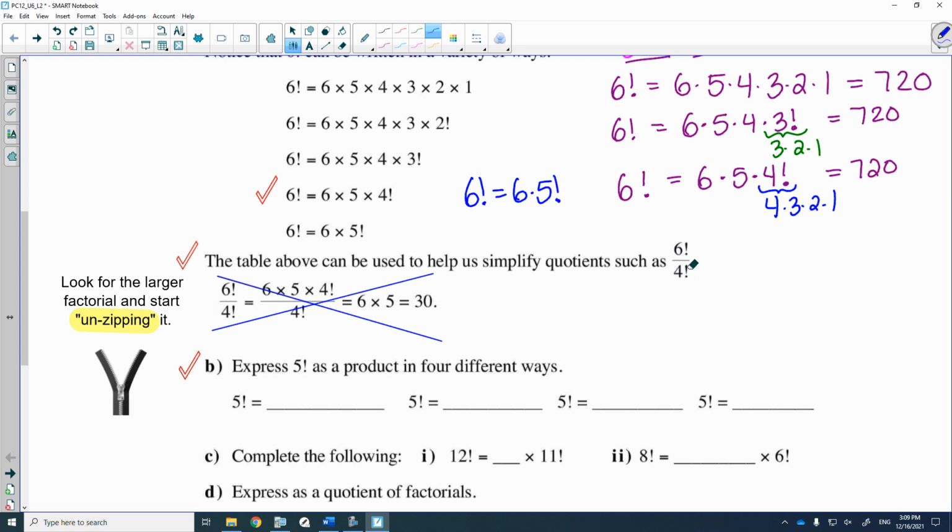So here's what I mean. 6 factorial could be written as 6 times 5 times 4 factorial. And then I've got 4 factorial in the denominator, and 4 factorial and 4 factorial will cancel. I'm left with 6 times 5, which is 30.